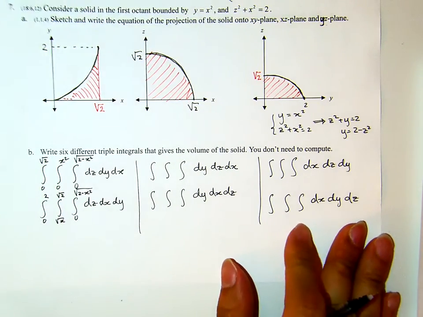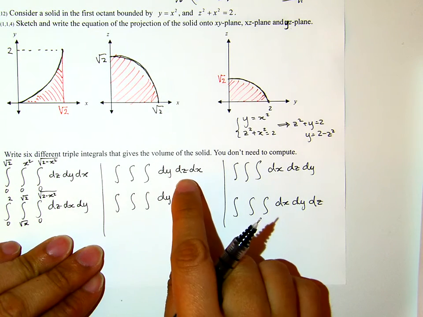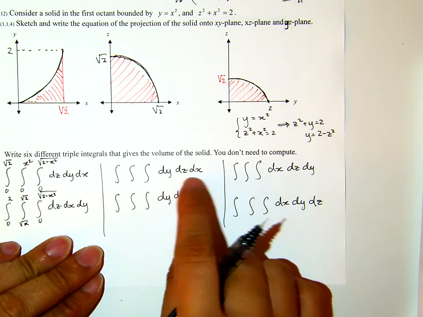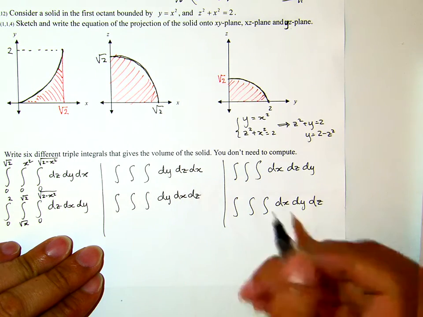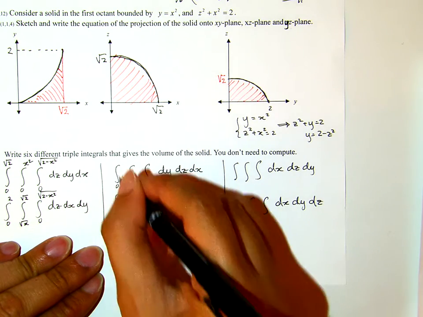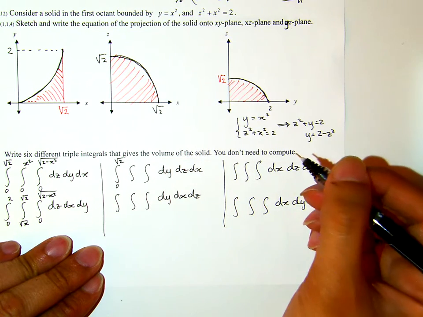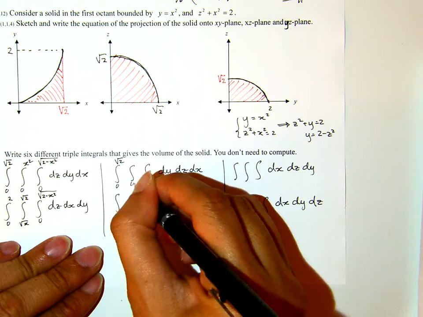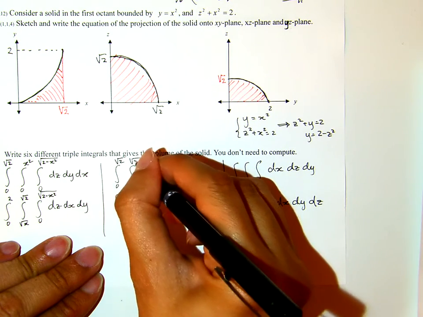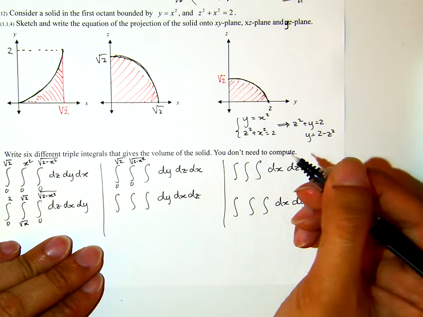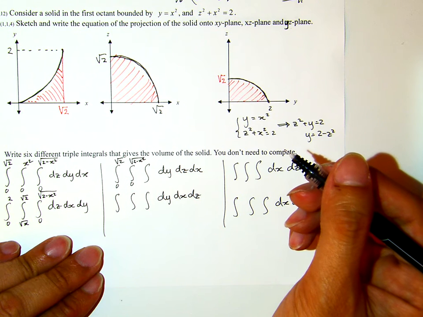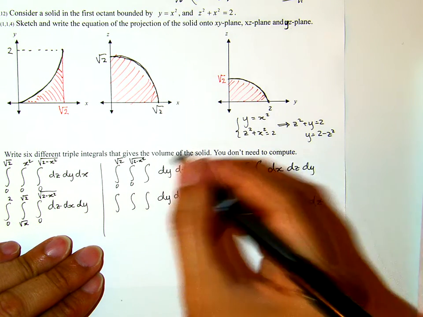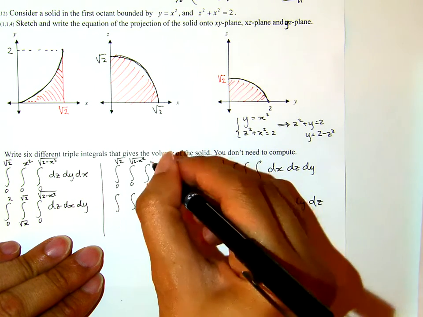Okay, now let's see the middle one, in which the domain, the outer two integrals, is the xz plane. The x will be from 0 to radical 2, and the z will be from 0 to square root of 2 minus x squared, and the y will be from 0 to x squared.